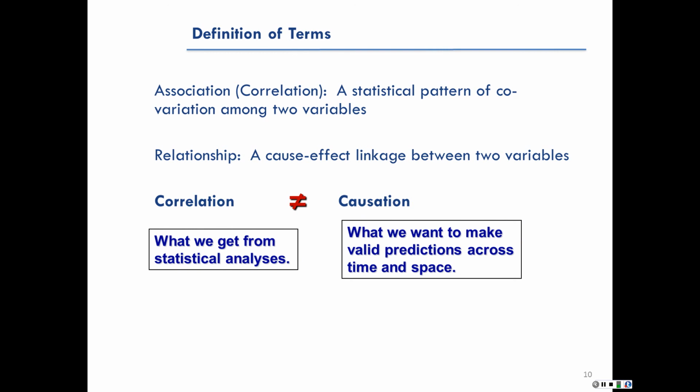As I mentioned earlier, a correlation is not equal to causation. We can study correlations using statistical analyses and discover them, but that doesn't mean we have a cause-effect relationship. Causation is really what we want to get at in order to make valid predictions across time and space.